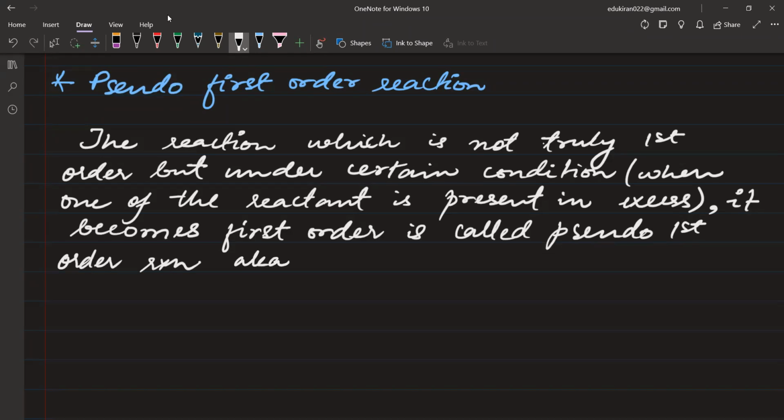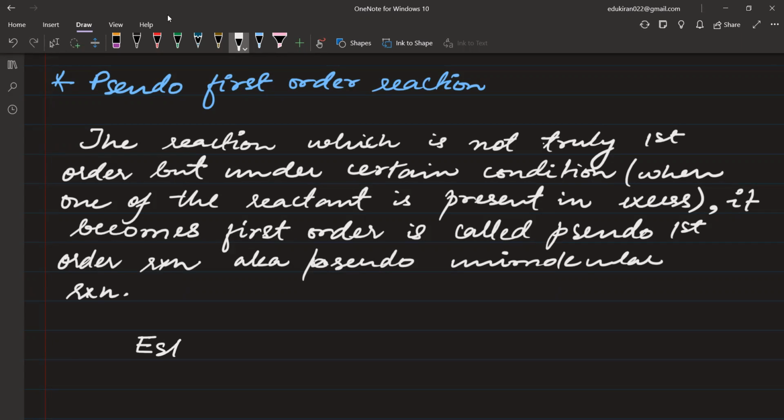This is also known as pseudo unimolecular reaction. The example that you have to learn is ester plus H2O.